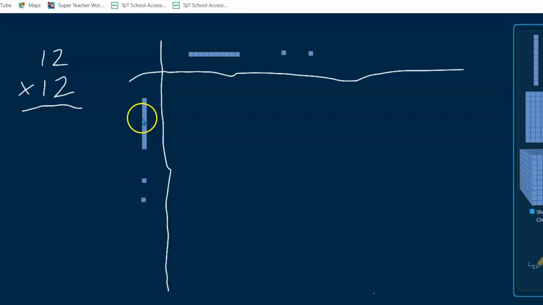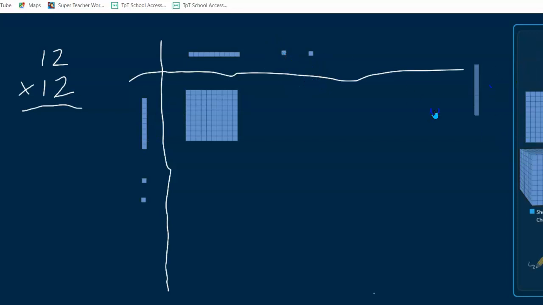So the first step is we're going to multiply 10 times 10, which gives you a 100 block. Then you're going to multiply 10 times the 1s, which gives you a 10. Then you're going to multiply 10 times the other one, which gives you a 10.